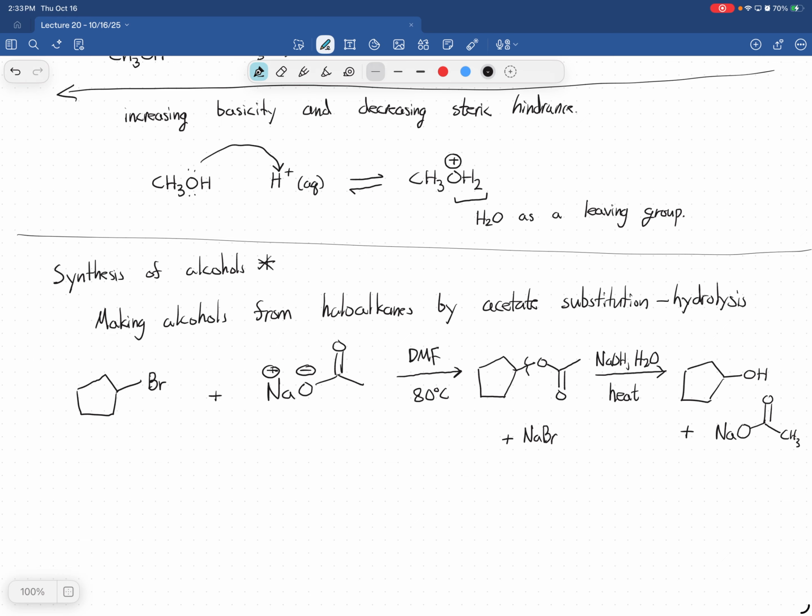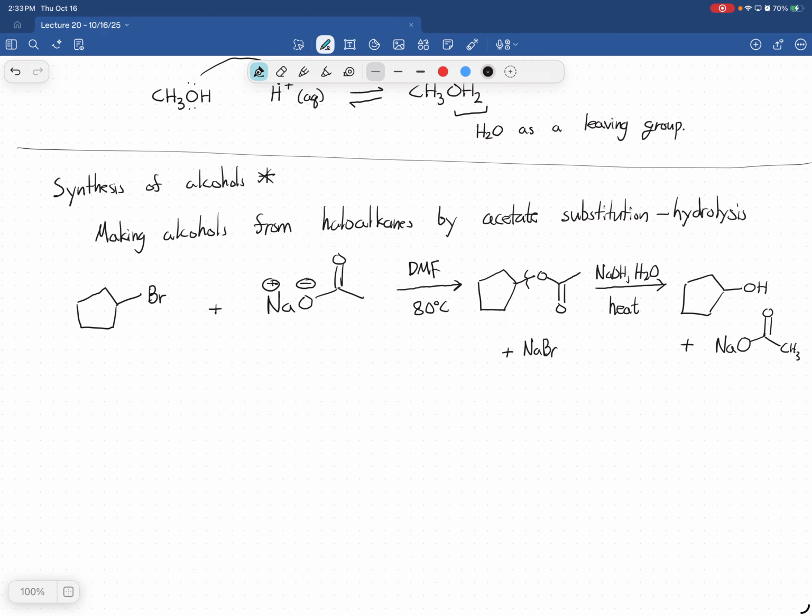Because there's a problem if we just use hydroxide right away. What's the other byproduct if we use hydroxide with the bromide? We don't just get substitution, right? So why can't we just do this?